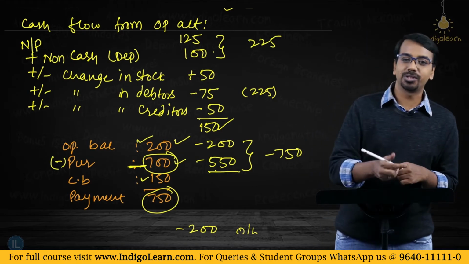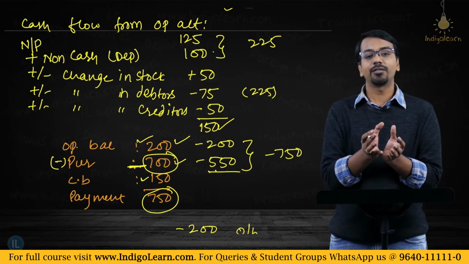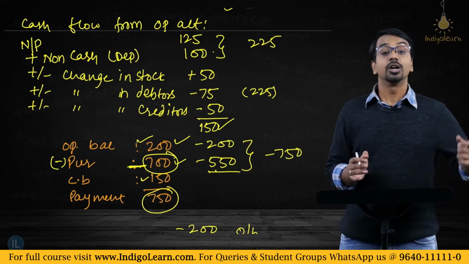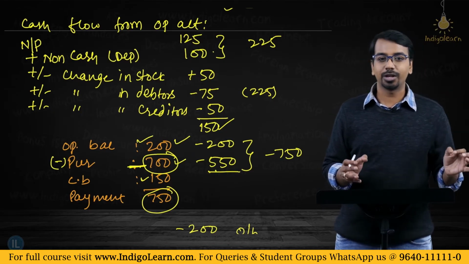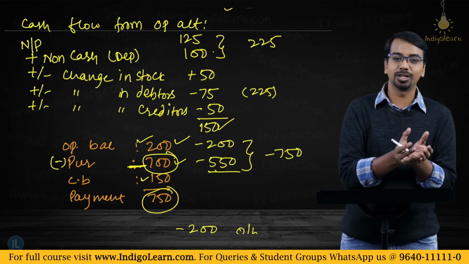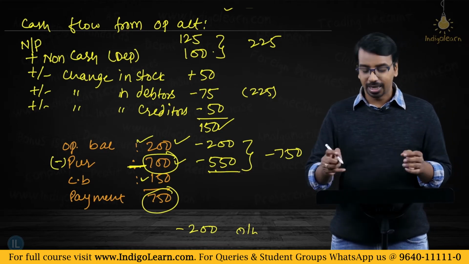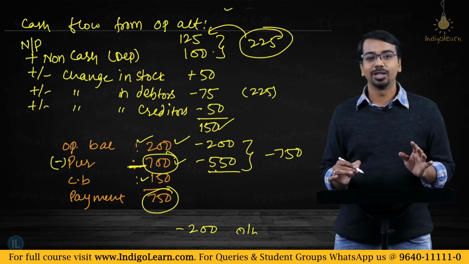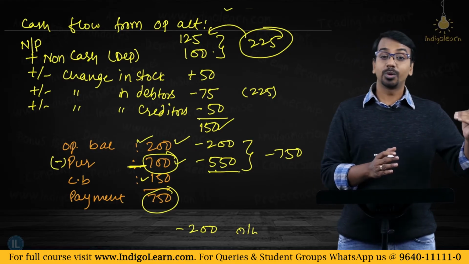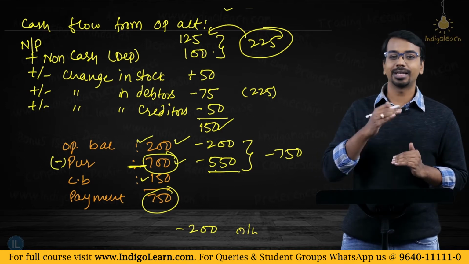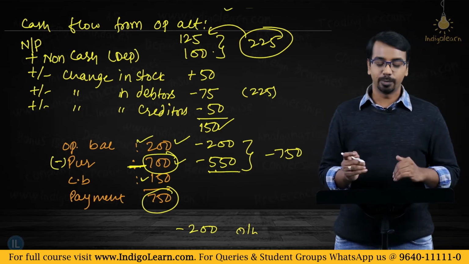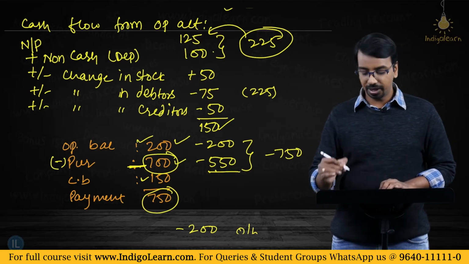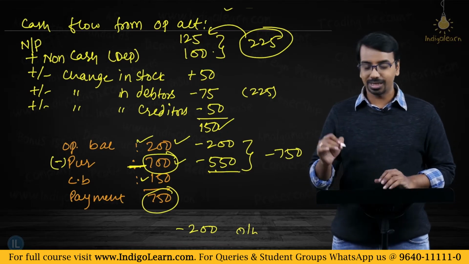I am adding back the depreciation again, because from the net profit, if I have to arrive at the cash flow, I have to add back all those items which were deducted in arriving at net profit, but they are not actually cash flows, right? There is no cash outflow for depreciation. I simply changed this 225 to 125 by passing an accounting entry, which does not result in cash outflow. So because it has reduced the profit, to arrive at the cash flow position, I will need to add it back. So 125 plus 100, 225 plus 50, 275 minus 75, 200 minus 50, 150.